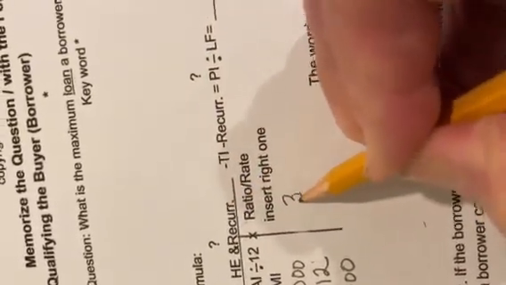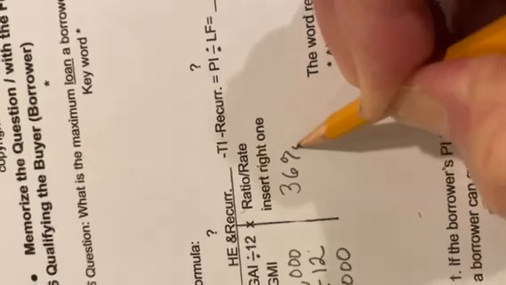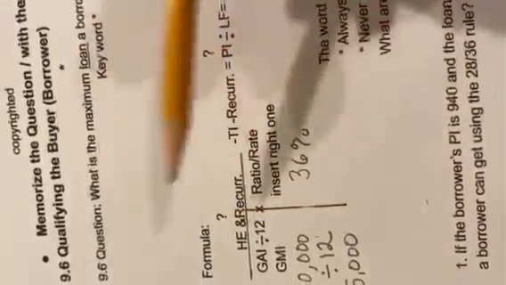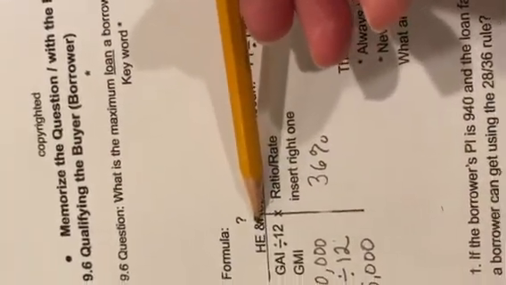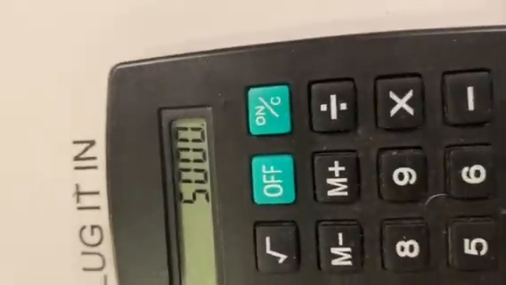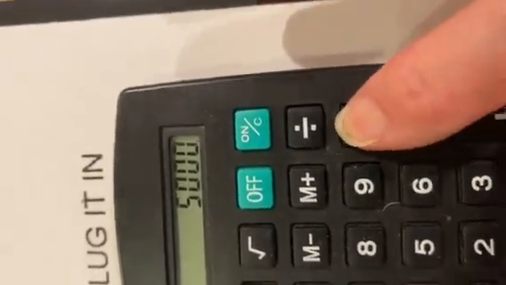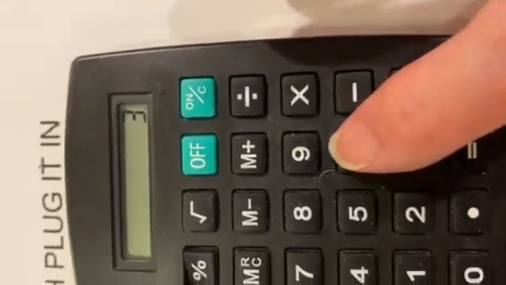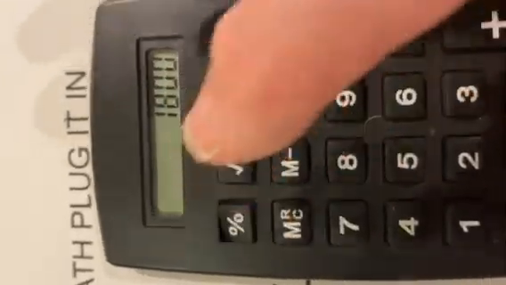So you put in 36% because recurring is included in it. 28% only has the HE, but 36% has the HE and recurring. Now, let's go back to our calculator and say that times 36% to get our first question mark. And you get 1,800.